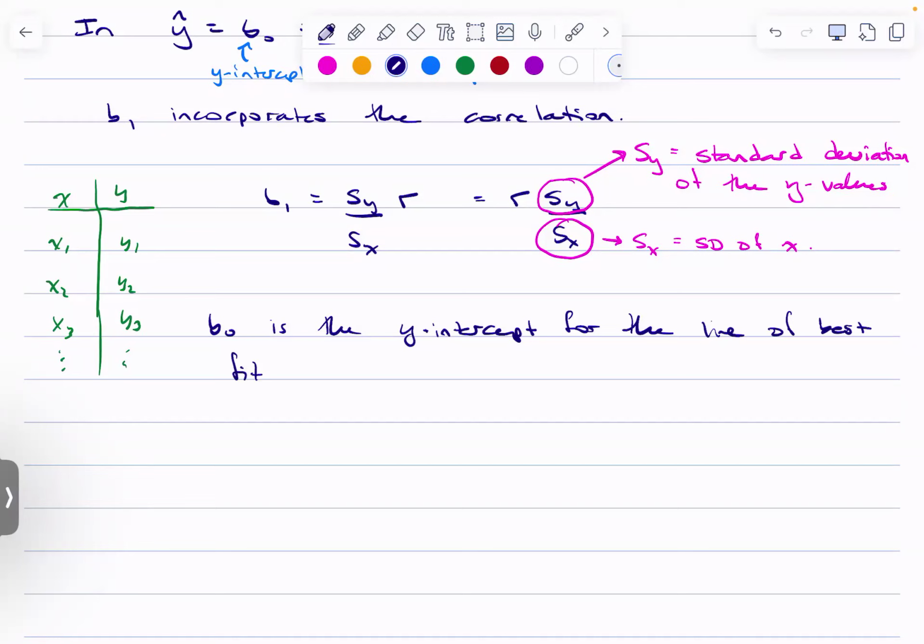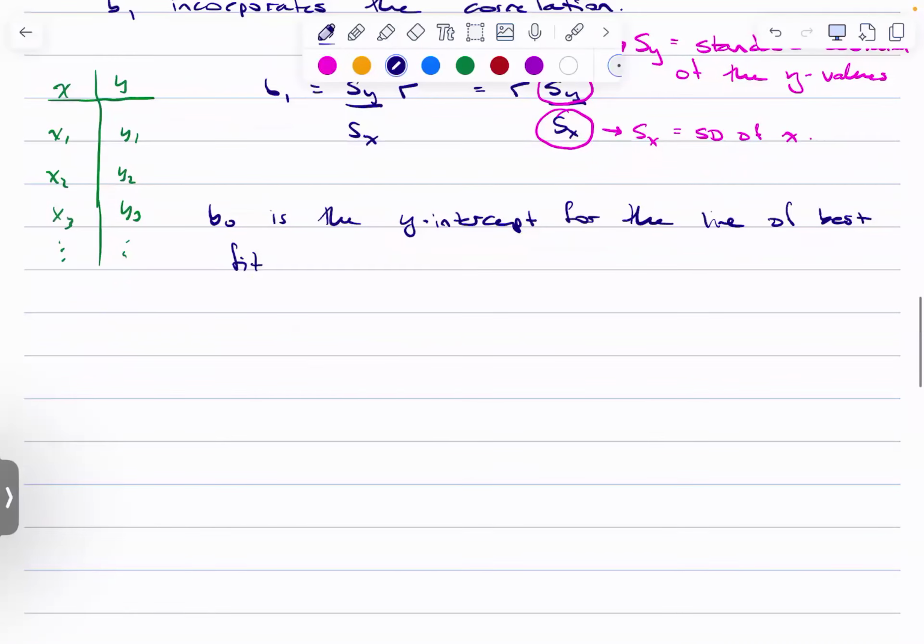In the textbook, she goes through and does a really great job of explaining why we use the formula that we're using. But are you okay if I just give it to you? B naught is going to be y bar minus B1 times x bar, which means that you have to calculate the slope first before you can plug it in.